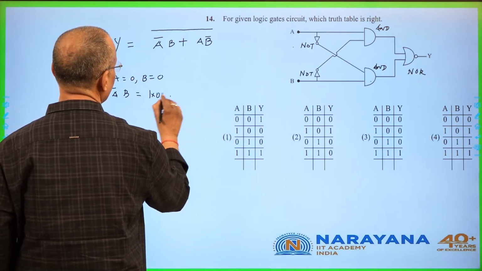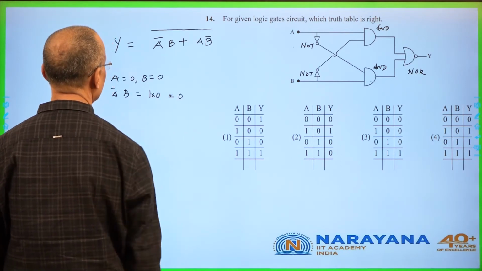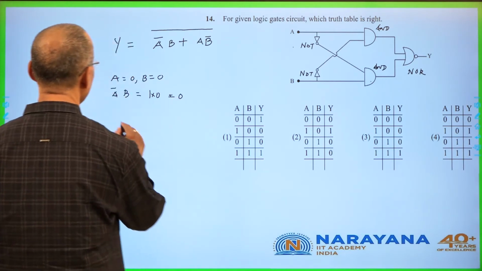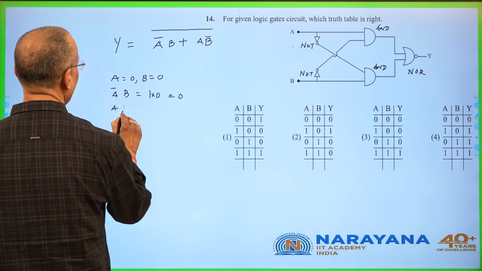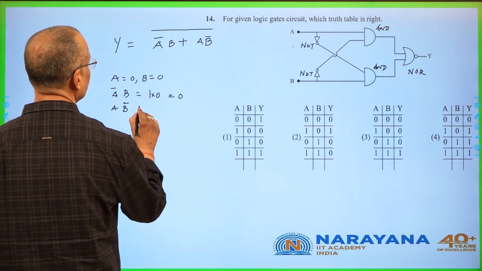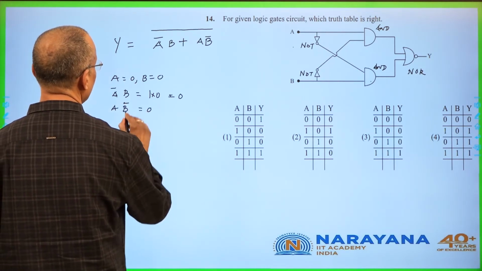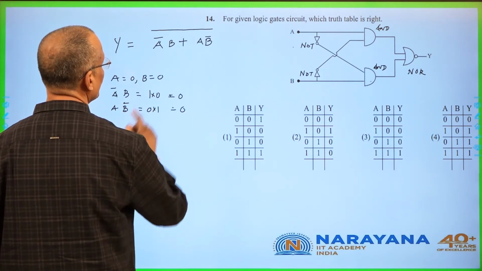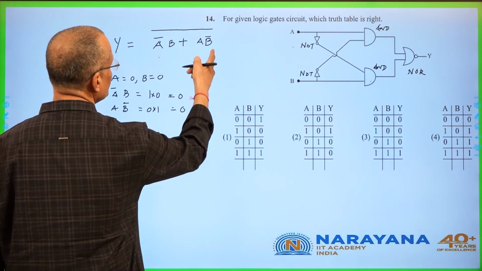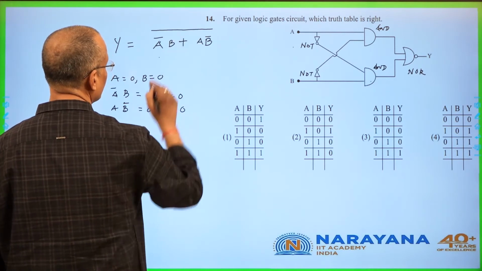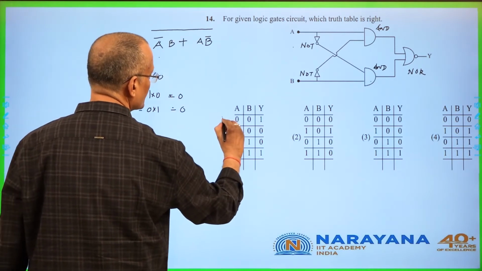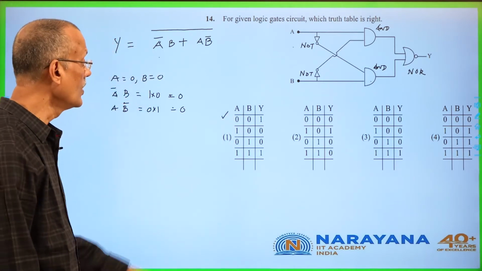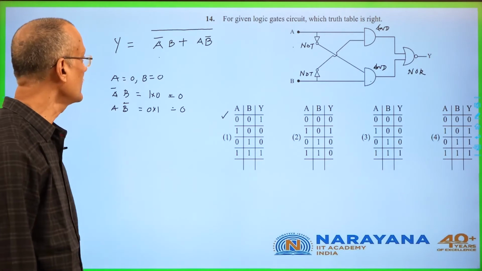So you are getting 0 for A naught B. And if I take A B naught, this is 0, 0 naught is 1, this is 0. So 0 plus 0 is 0, naught, this will be 1. So this statement is right. A0, B0, Y you are getting 1.